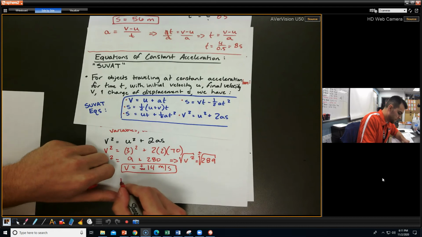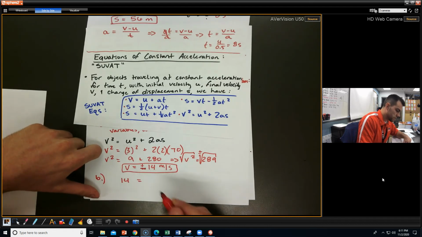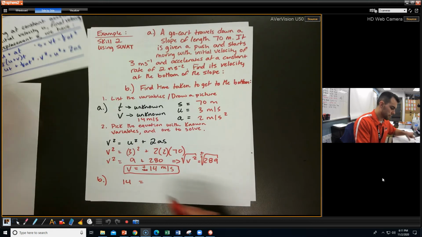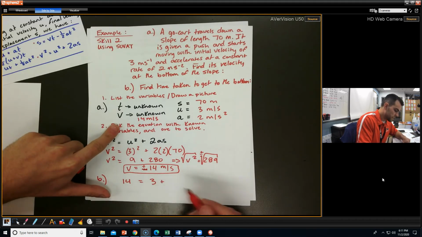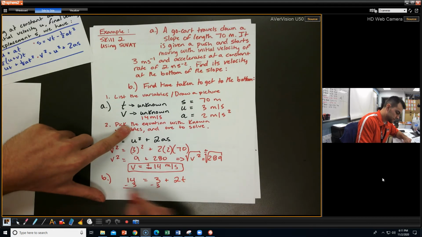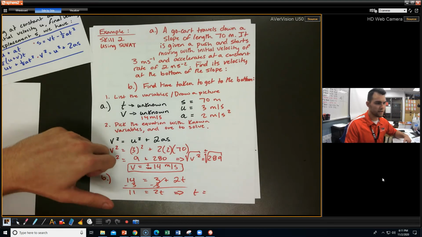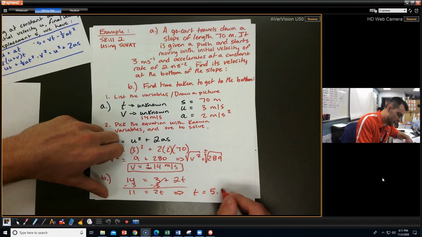So let's do 14. This is part B now. 14 equals our u, which was still our 3, plus a, which is 2, times t, which we don't know. Okay? So let's subtract 3 over. Get 11 equals 2t. And if you divide both sides by 2, t is going to be 11 halves, which is 5.5 seconds.